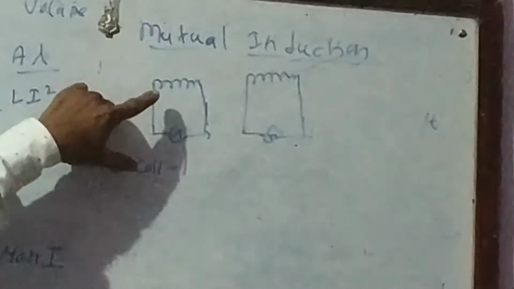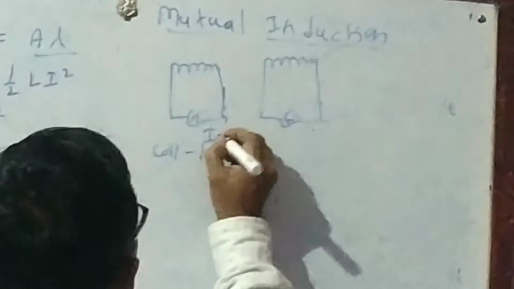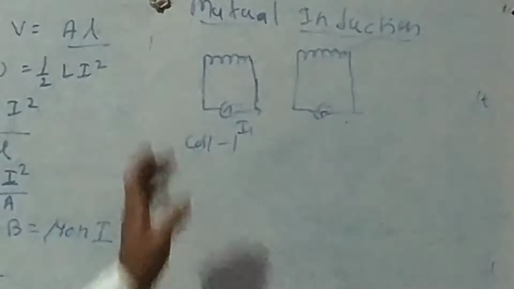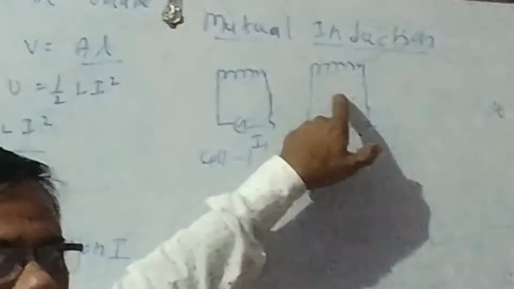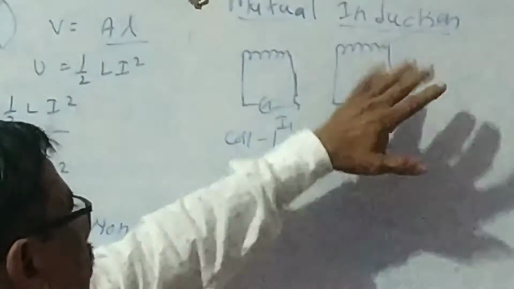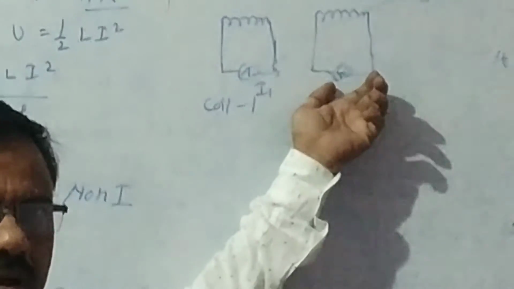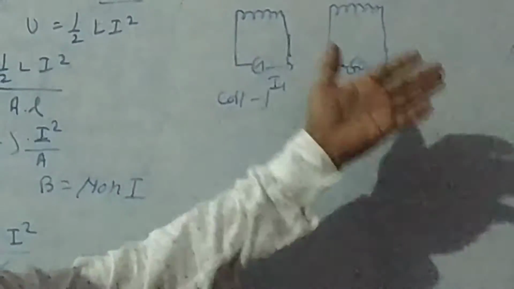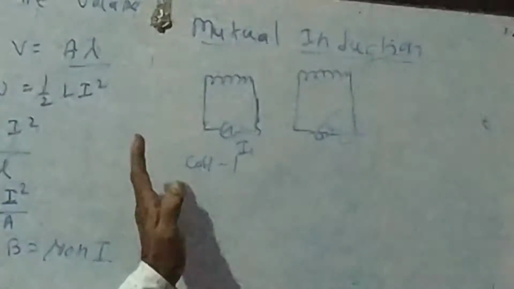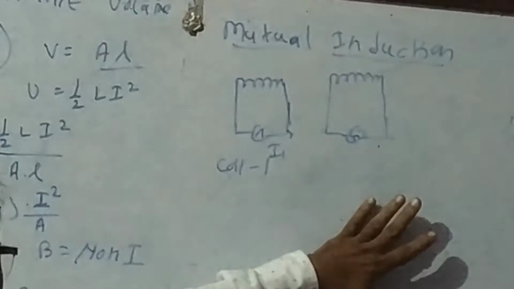If I1 is the current flowing in the primary coil, it produces a change in magnetic flux in coil 2, which produces an induced EMF in that coil. That phenomenon is called mutual inductance.